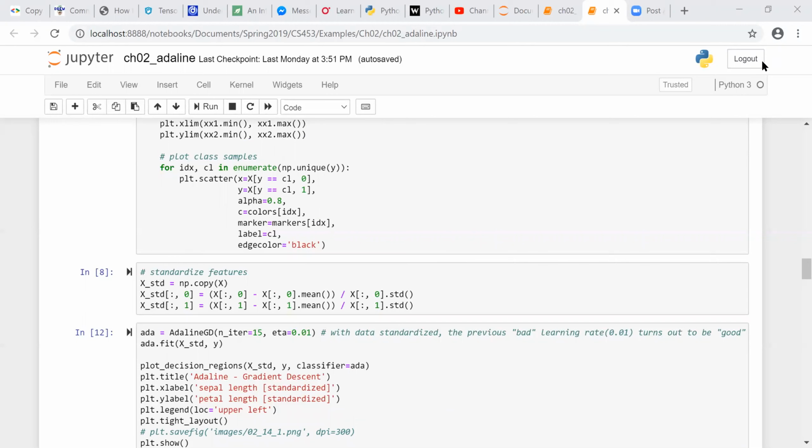And yesterday, I don't know if you still remember the standardization. Do you still remember what's the goal of standardization for features? What is the purpose?